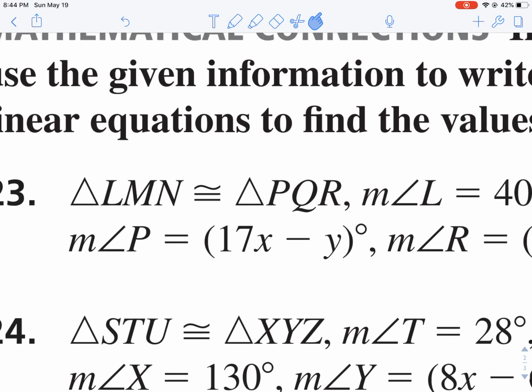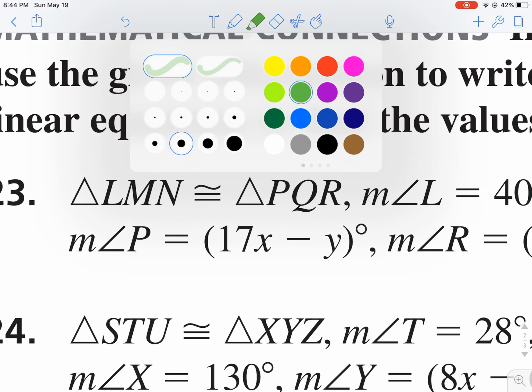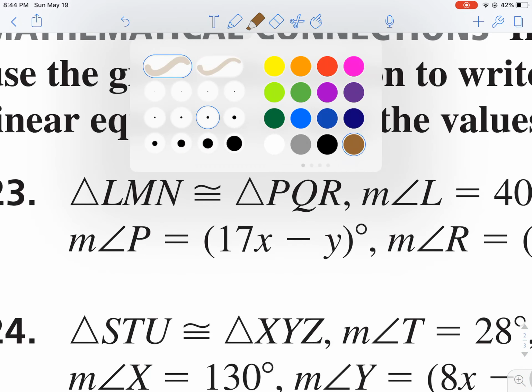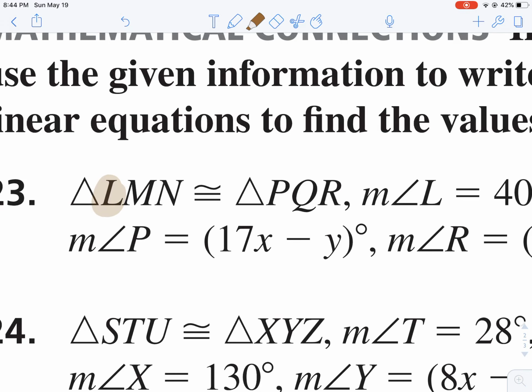Now, first things first, they tell me that triangle LMN is congruent to triangle PQR. So watch what I'm going to do. I'm going to color code these again. Color coding can be very helpful for problems like this. So L and P are congruent.